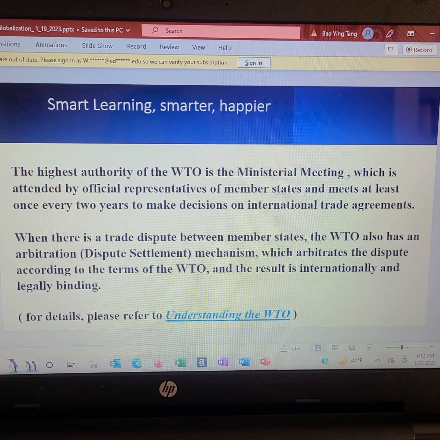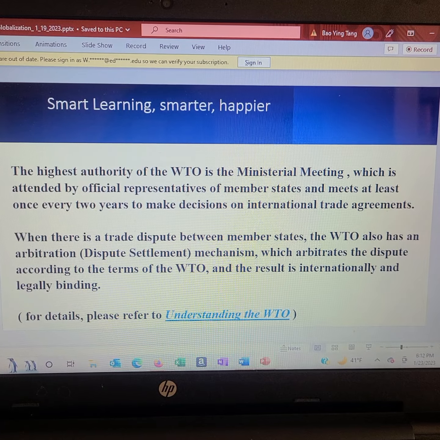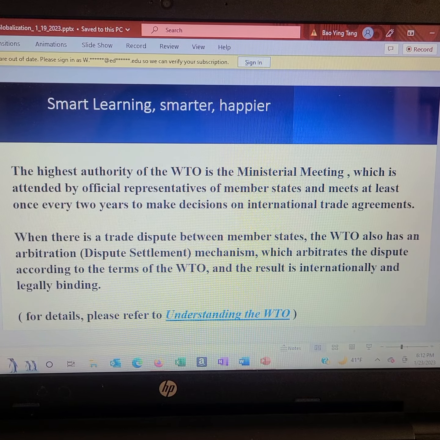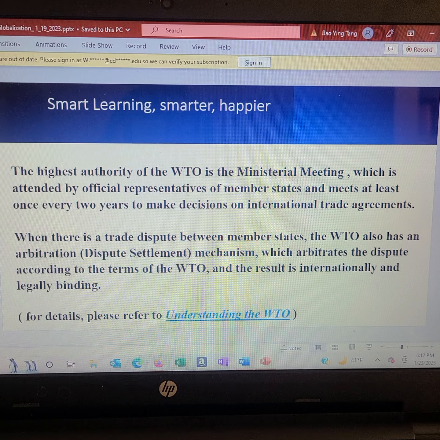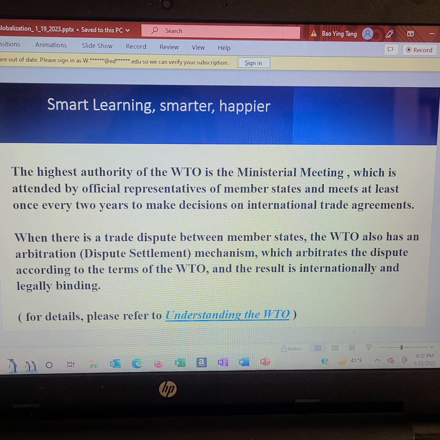The highest authority of the WTO is the ministerial meeting, which is attended by official representatives of member states and meets at least once every 2 years to make decisions on international trade agreements.